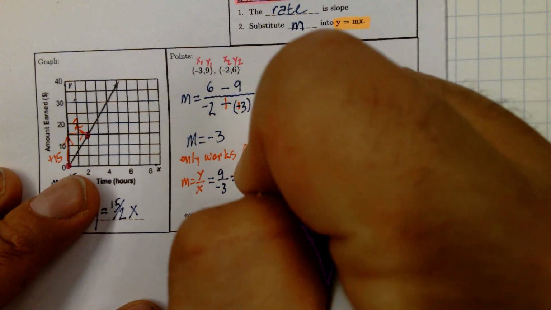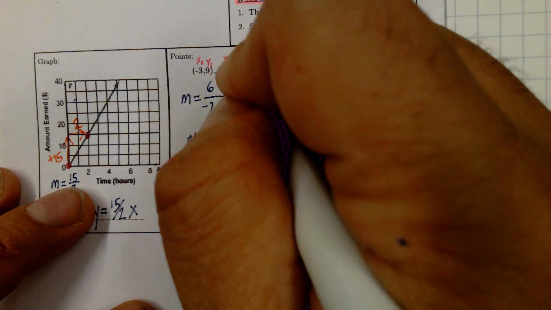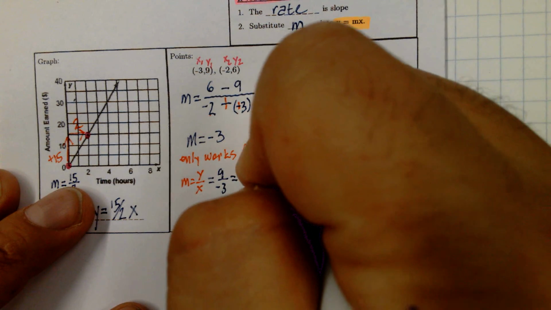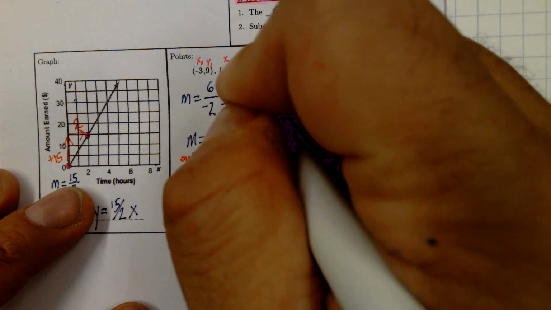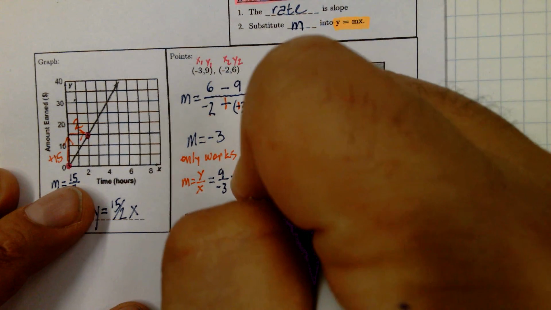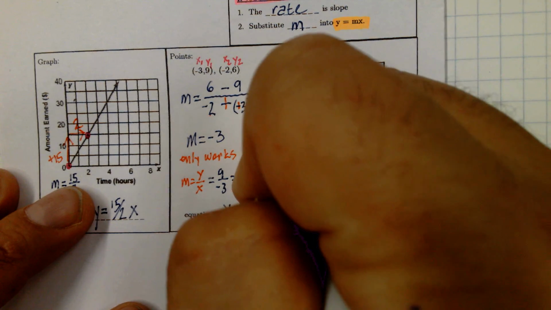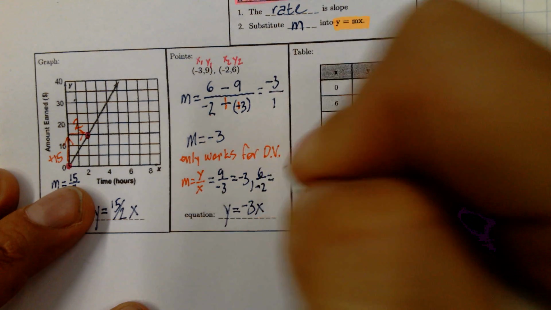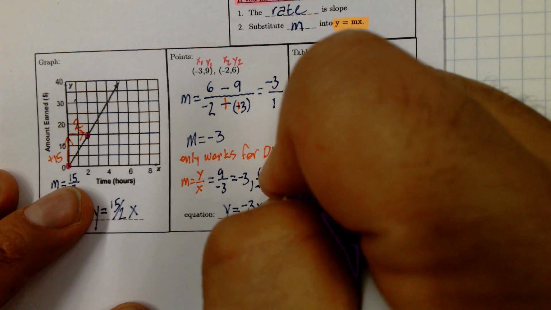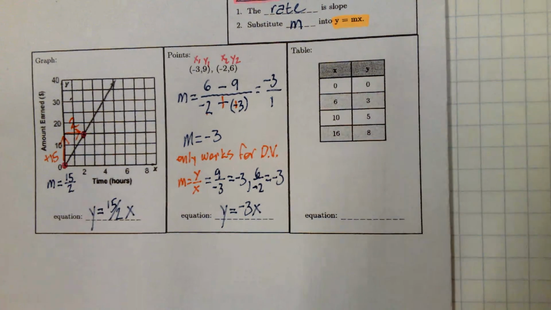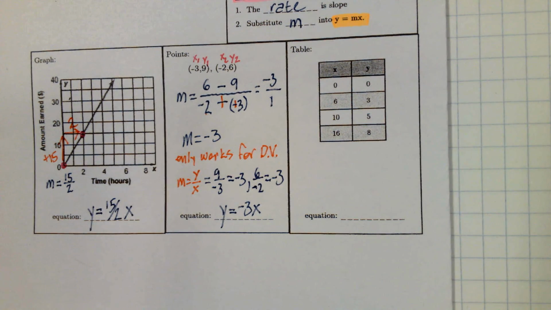Try it with the other one. Put the y in the numerator. Put the x in the denominator. What does that equal? -3. But that only works because it goes through the origin.